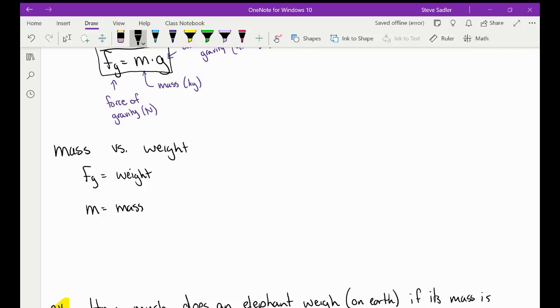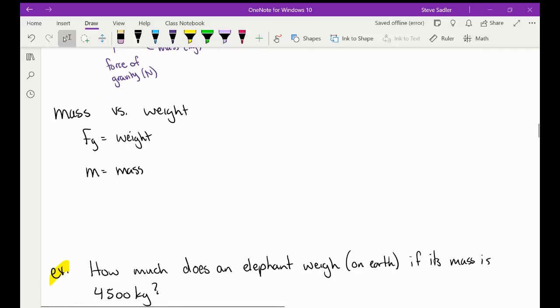So, for example, I think I am about 80 kilograms. That is my mass. I don't know if that's exact, I'm just kind of guessing. But if someone ever asks you, how much do you weigh?